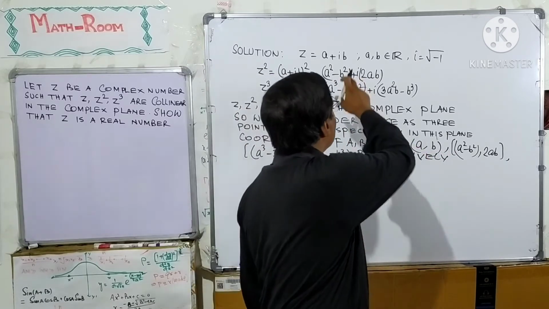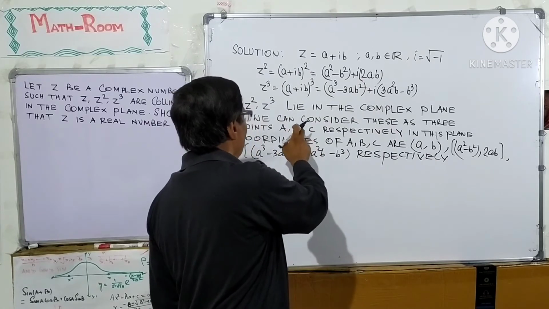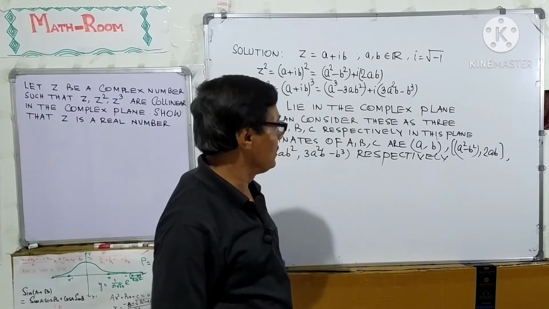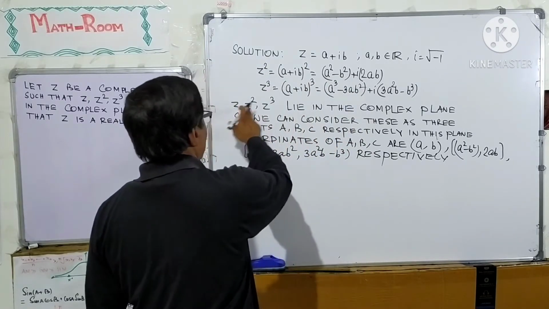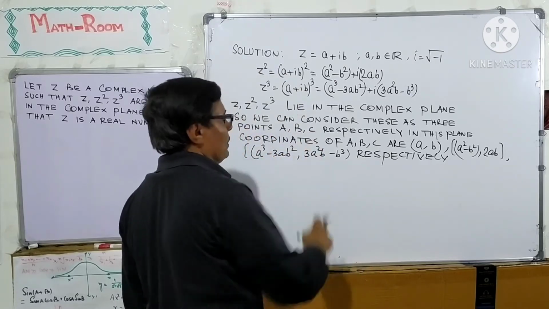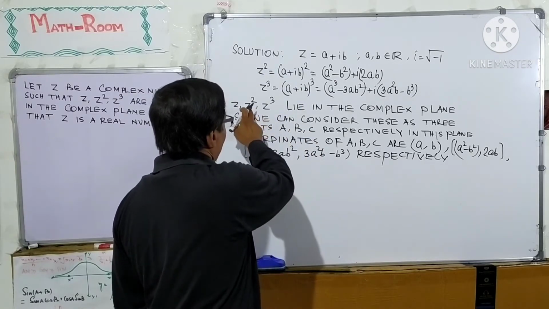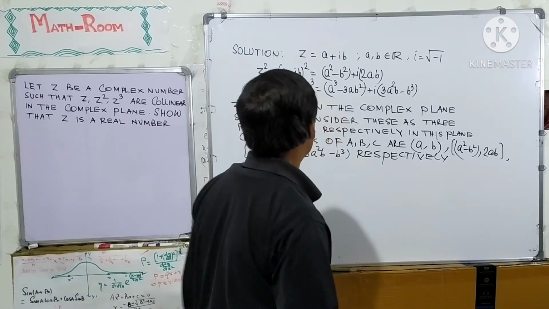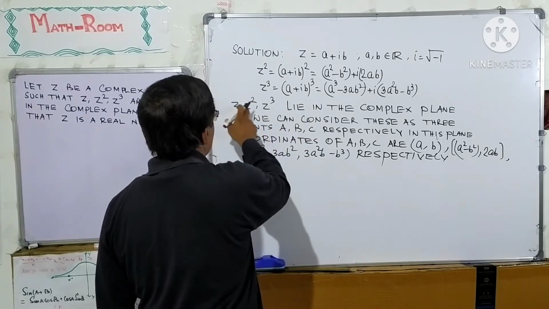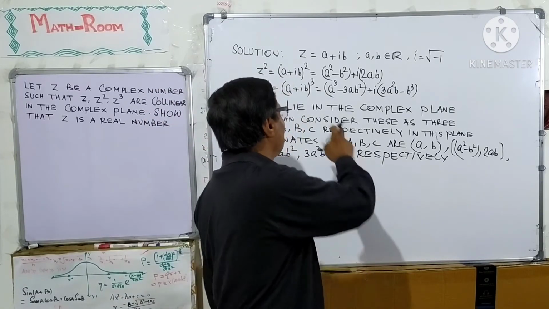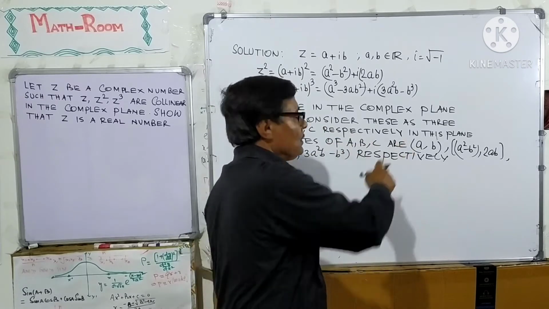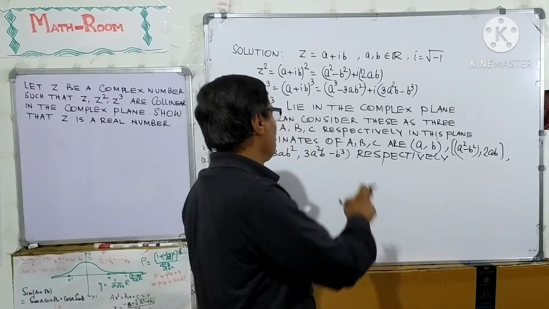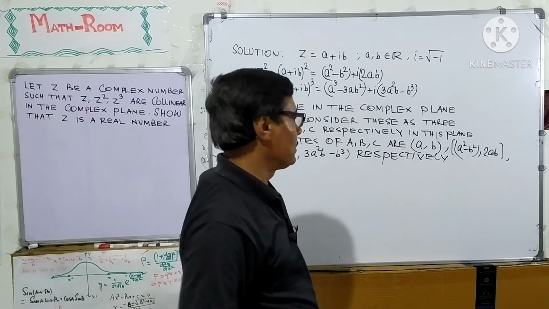These are the coordinates of the points A, B, C which represent the three complex numbers z, z square and z cube, in the complex plane, that is the Argand plane. As z, z square, z cube are collinear, so A, B, C are also collinear.